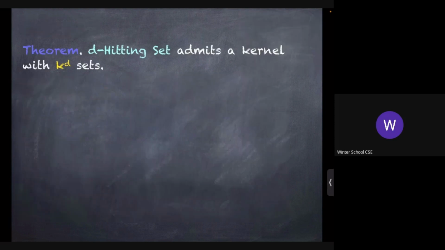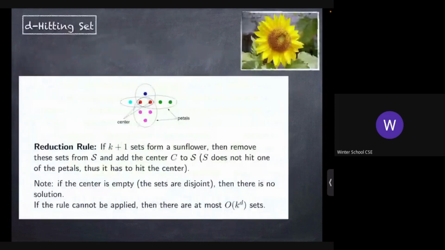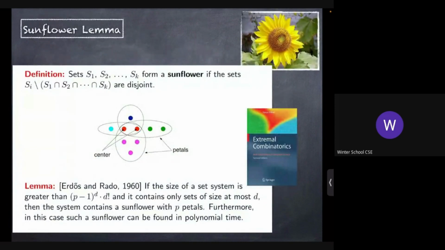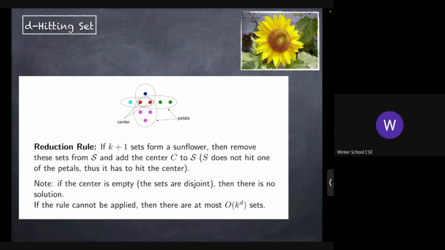Why? Because I'm using the Erdős–Rado lemma, which says that if I have more than k to the power d sets, then I should have a sunflower. And then I can apply the reduction rule.